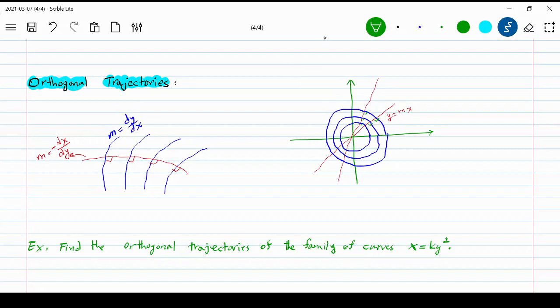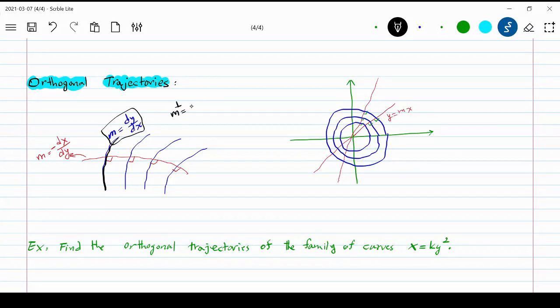So first, notice that if we know the slope of one of these curves, these blue curves, which means we know dy over dx, then we know the orthogonal slope would be basically m orthogonal.